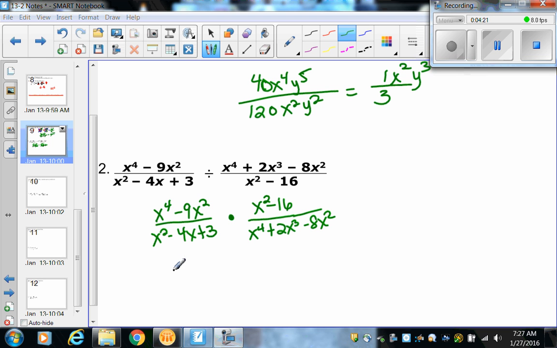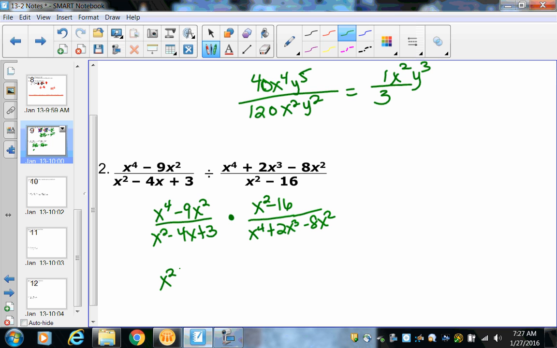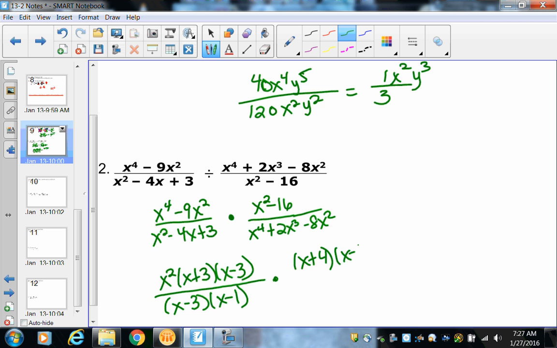So x to the fourth minus 9x squared is going to factor to x squared times x plus 3 and x minus 3. X squared minus 4x plus 3 is going to factor to x minus 3 and x minus 1. X squared minus 16 is x plus 4 and x minus 4.